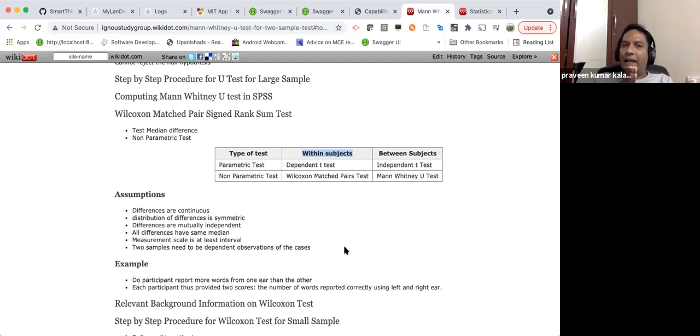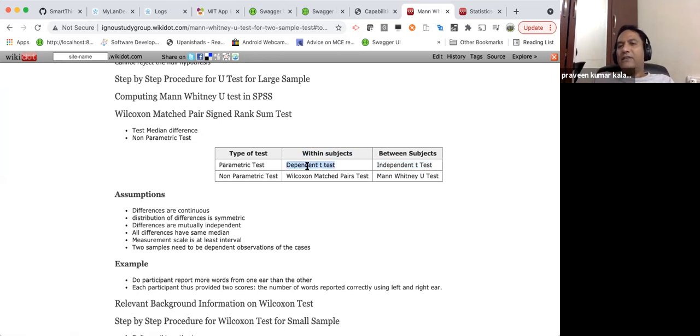When the scenario is about within subjects, then when I do a parametric test, it would be a dependent t-test. Whatever we learned before was an independent t-test, which is between subjects.